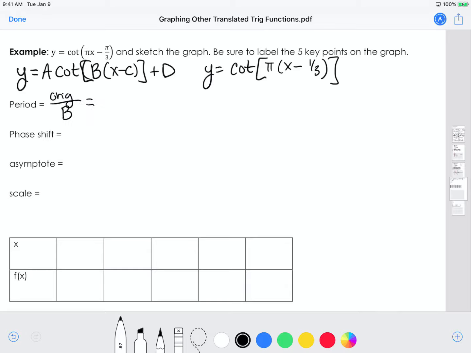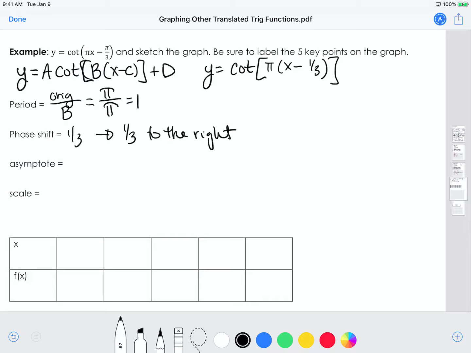Now cotangent is one of the two functions that has a period of pi. That's my original period for cotangent. Then I'm going to divide by pi, which is my value b, so my period is going to have a length of 1. My phase shift is 1/3, and because it's -1/3 in the formula, that means I'm going to move it 1/3 to the right.